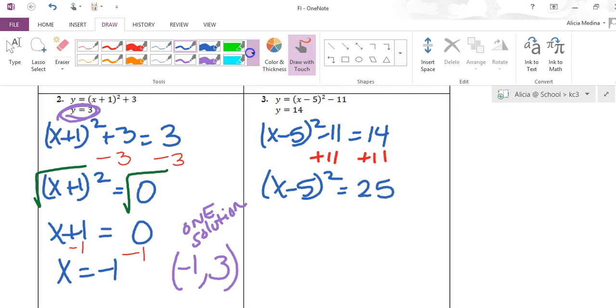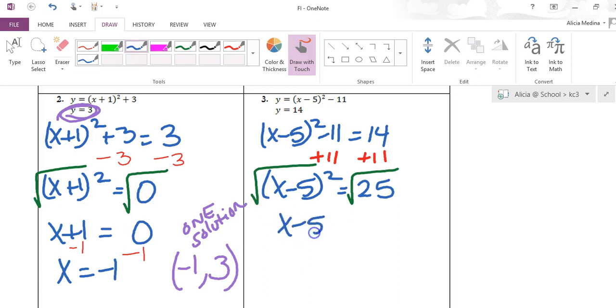I then do the opposite of squaring something. So that brings me to step 3, which is take the square root. x - 5 = ±5, right? Square root of 25 is 5. Isolate my variable x, which is do the opposite operation.